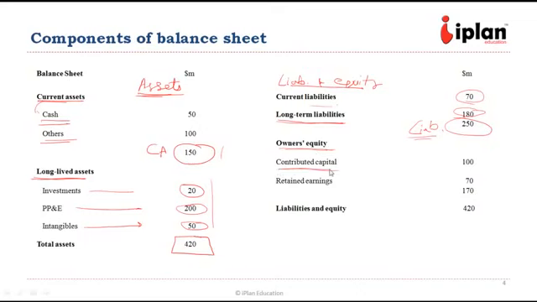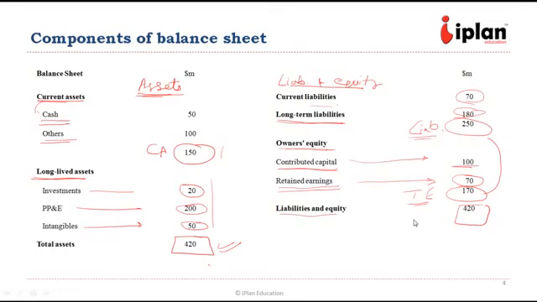Firstly, there's initial paid in capital or contributed capital, which is 100, and the second part is retained earning. This is the part of those earnings which has not been paid as dividend but has kept with the company for further investment, etc. So if we sum these two up, we get 170, which is total equity, and the summation of total equity and liability is this 420, which has to be equal to the total assets. So that is how we balance the balance sheet.